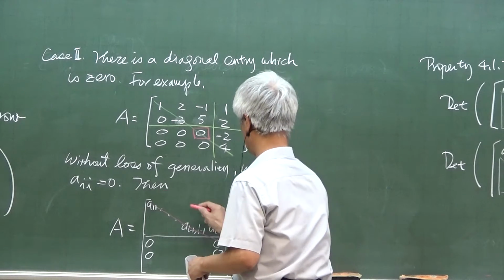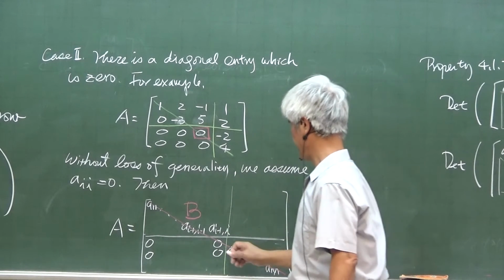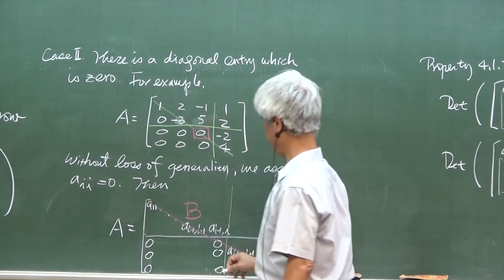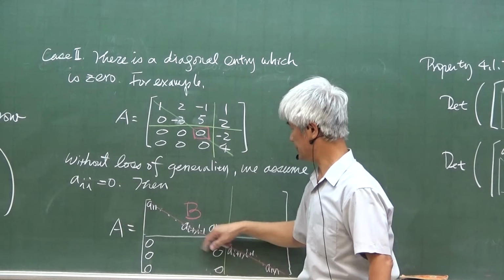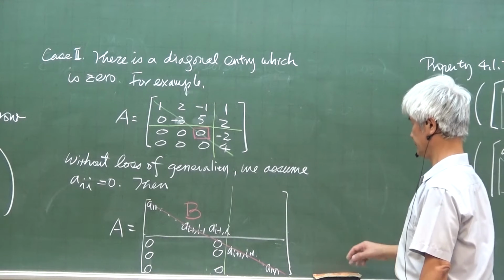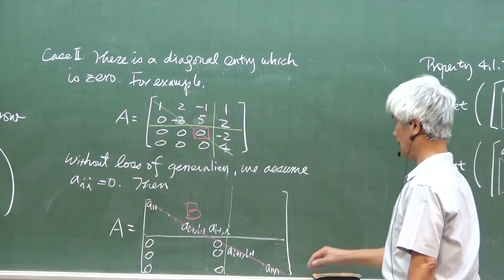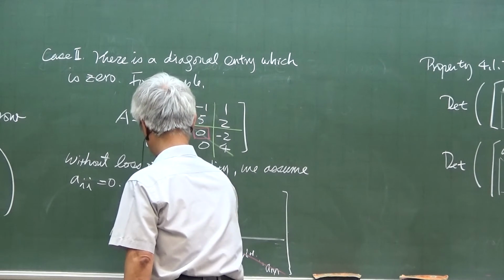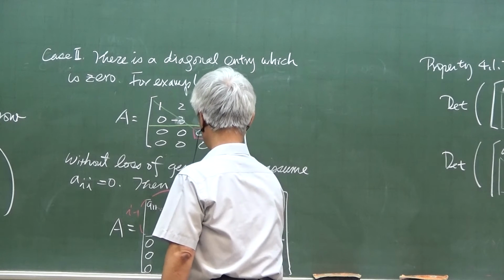And this part is called the B matrix, and below it are all zeros. So this submatrix consists of all 0 entries. The dimension of B is, here we have i minus 1 rows and we have i columns.